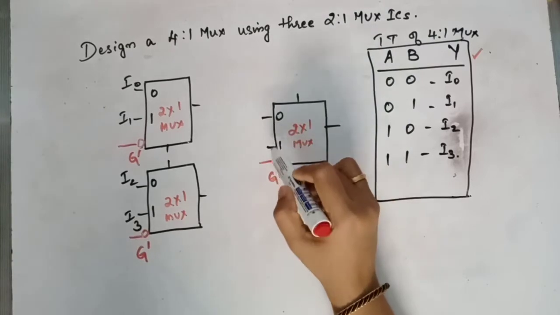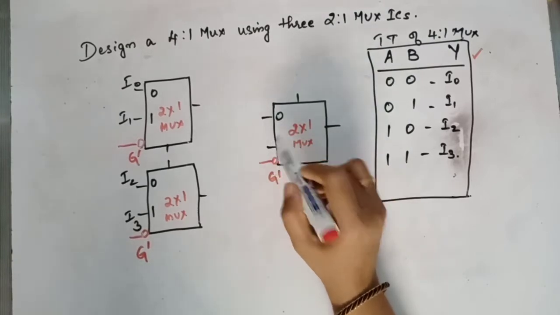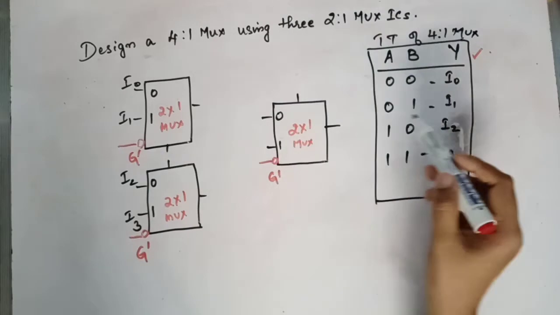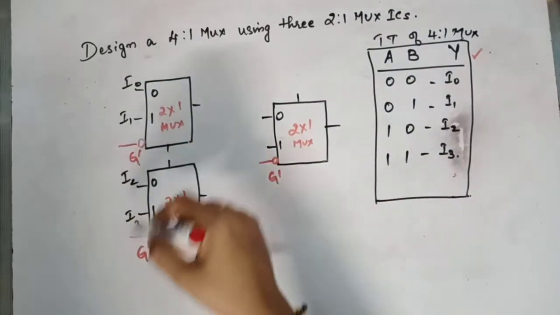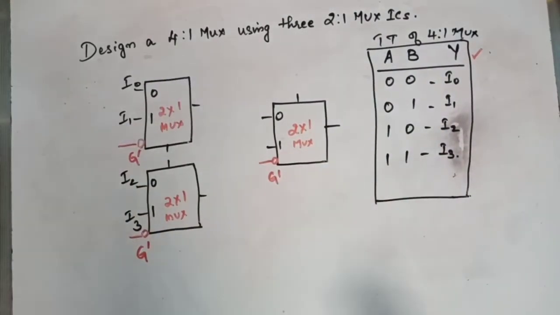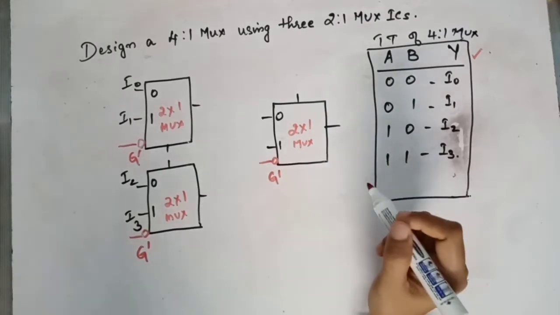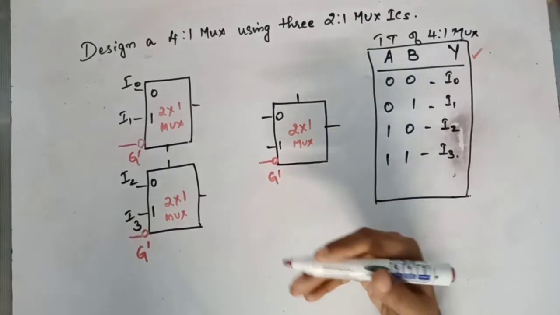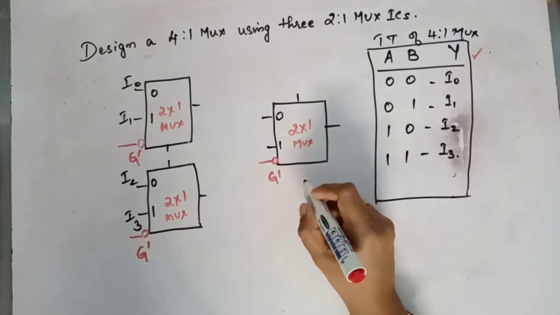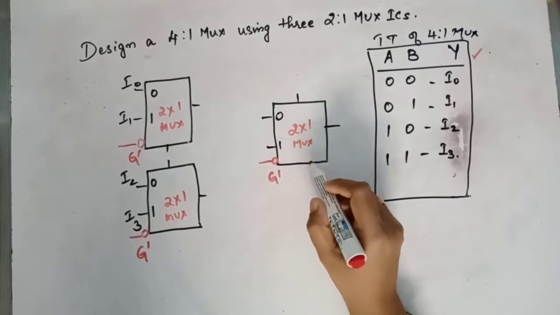What should be the inputs to these two input lines? Because I0, I1, I2, I3 is already given here. So why do we need this mux? While comparing with the earlier case, this is taking the place of an OR gate.